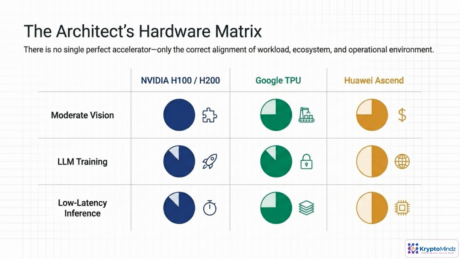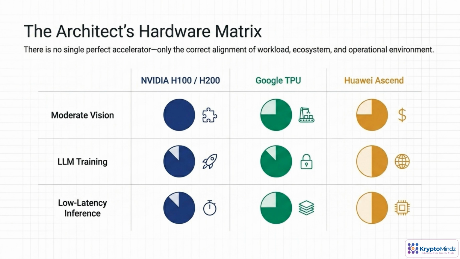In the end, choosing hardware is about matching your constraints, not chasing a single best chip. For moderate-scale vision work, NVIDIA is often the smoothest path. Strong libraries, abundant examples, and easy hiring. TPUs shine when you already live in the Google ecosystem and want high throughput with managed infrastructure. Ascend can be compelling where cost, power efficiency, or regional availability matter more than tooling polish.